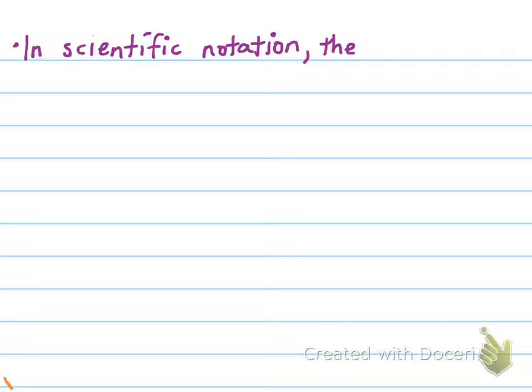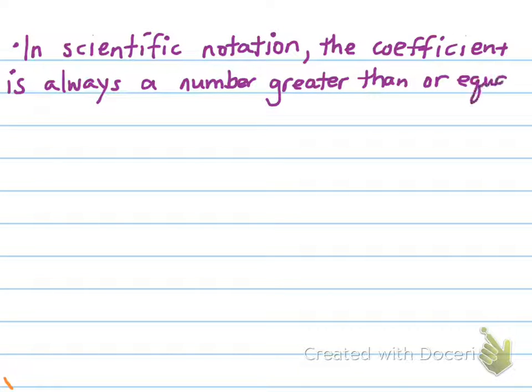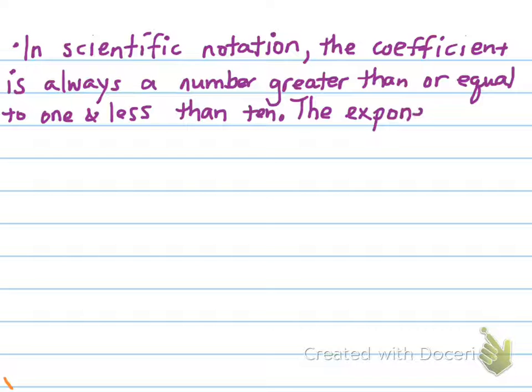So, in scientific notation, the coefficient is always a number greater than or equal to 1 and less than 10. The exponent is an integer.